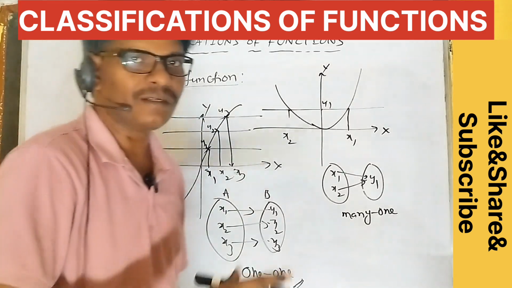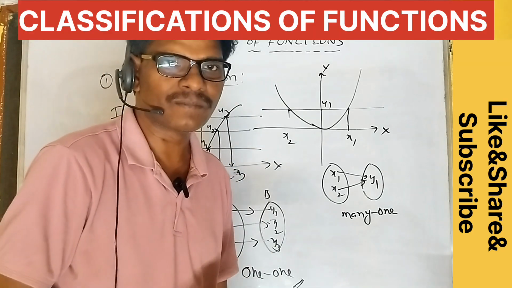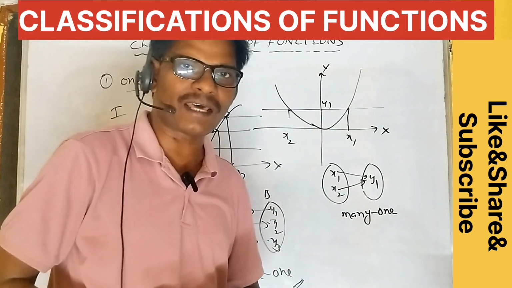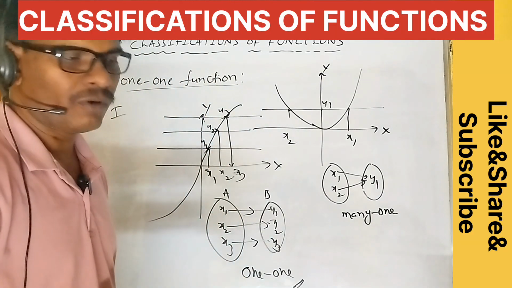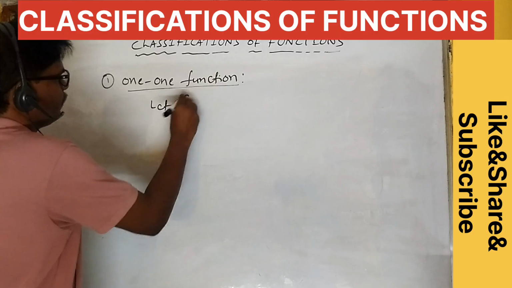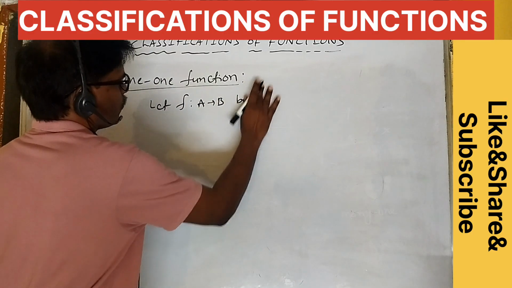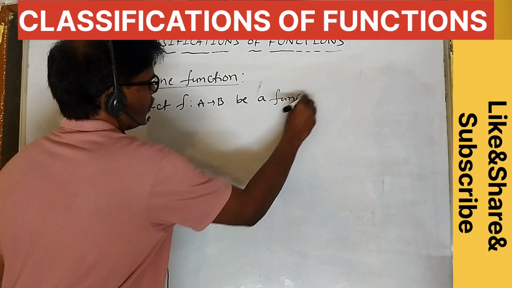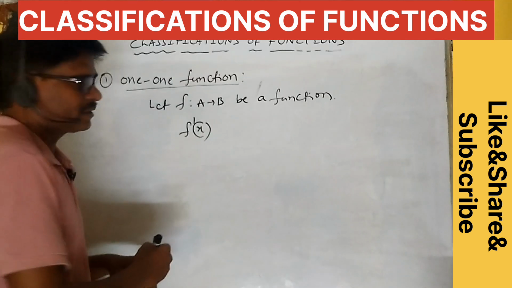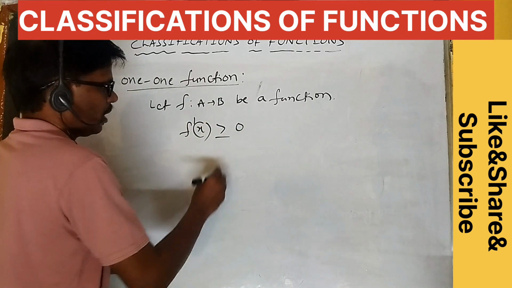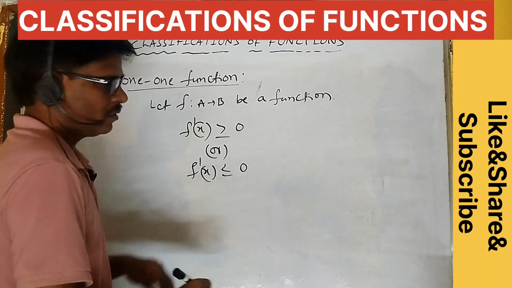Next, another method is the derivative of the function. Find f dash of x. Check whether f dash of x is greater than or equal to 0, or f dash of x is less than or equal to 0. Okay, that is also another method. Let f maps A to B be a function. Find f dash of x.